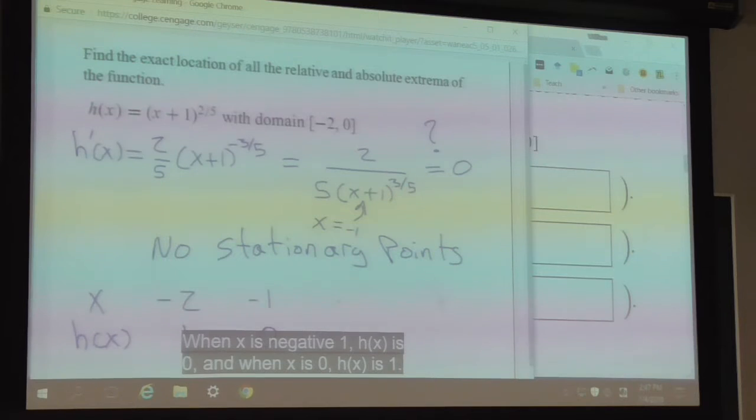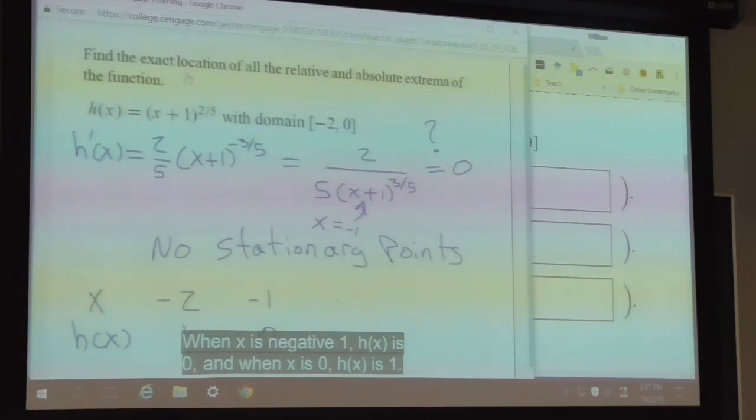Okay, what's he doing now? What's he doing here? He said when x is equal to -2 and when x is equal to -1. And what's the other point? When x equals 0, right? So we want to check the height of h, not the derivative.